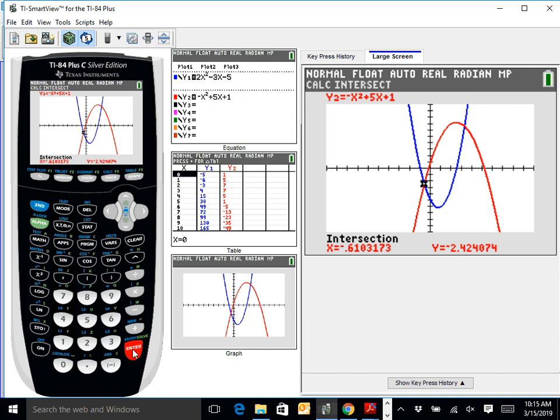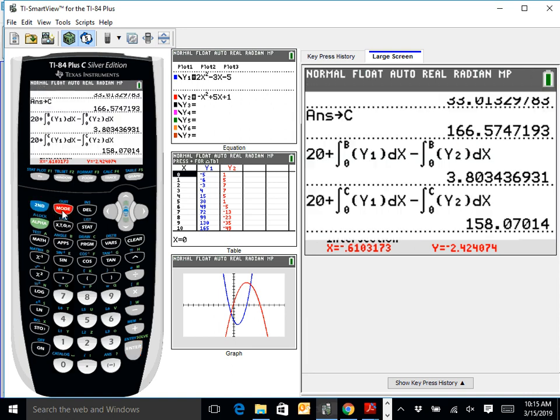So what I do right away is write that number down on my whiteboard. And then I hit second quit, and I store that as the letter A.